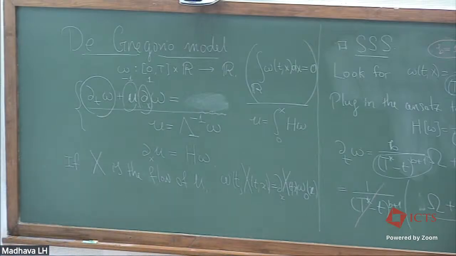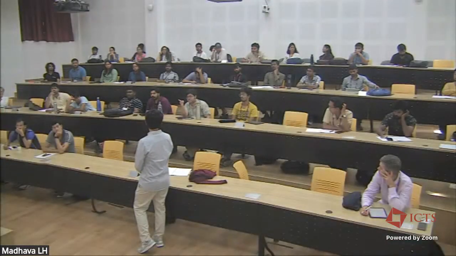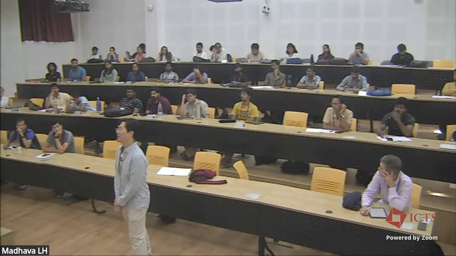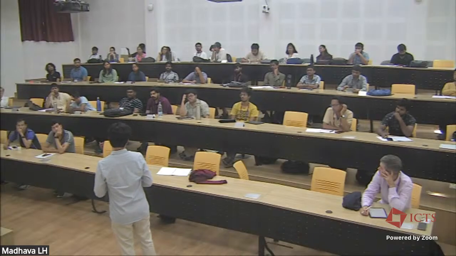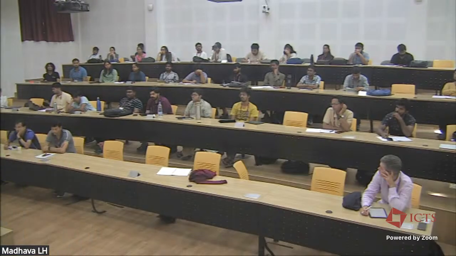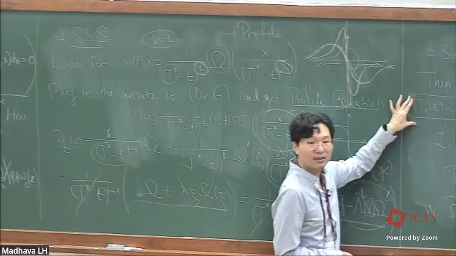Lambda 1. Can you see the profile with lambda replaced by 1 over alpha plus lambda? Ah, so this alpha is the profile for alpha? Yes, that's a good question. We first fix some alpha, okay? Then we have that profile, okay? And what we want to do is find a solution to this equation whose behavior near zero is like this.